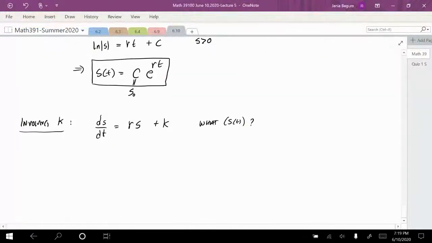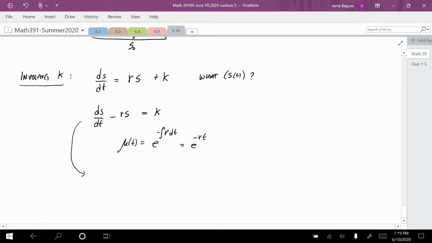So let's find the solution to this. We're going to go ahead and subtract rs from both sides. So we have ds dt minus rs is equal to k. So mu of t is going to be e to the integral of negative r dt. So that will be e to the negative rt. So then our differential equation becomes the derivative with respect to t of e to the negative rt times s of t is equal to k times e to the negative rt.